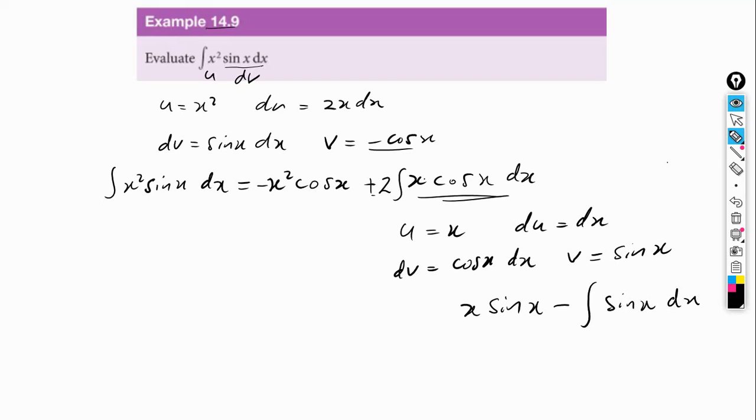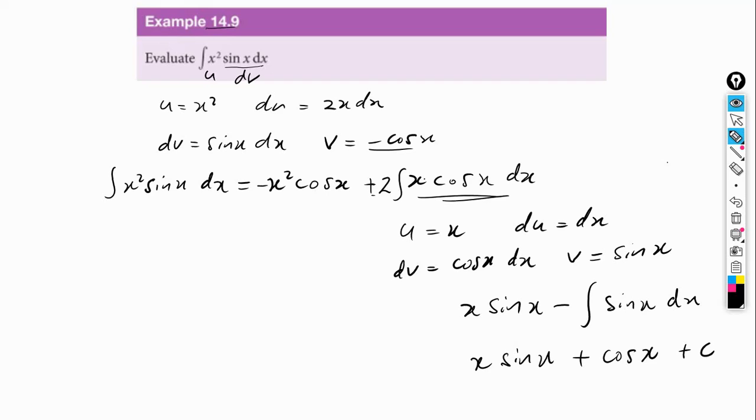Okay, so we can now solve for this, and this is going to be x sine of x minus the integral of sine, which is negative cosine, so I'll make this plus cosine of x plus c. Okay.